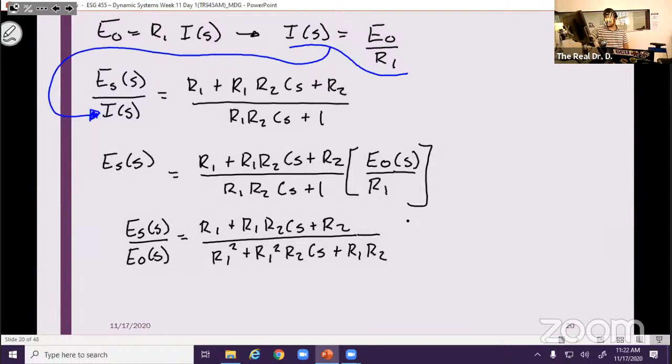Oh yeah, I see it. That should be there. Yeah, sorry, I put an extra R1 in there. My bad. R1 squared R2 CS plus R1 R2.